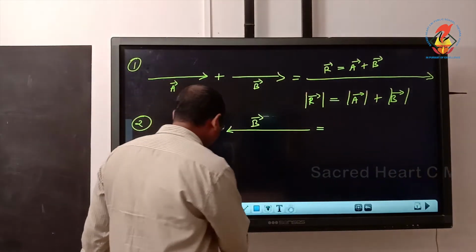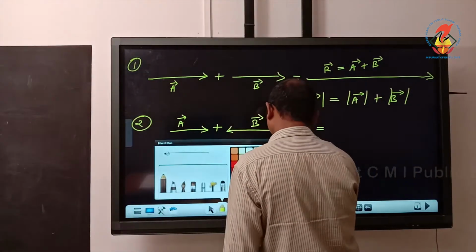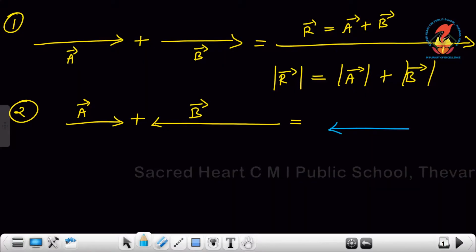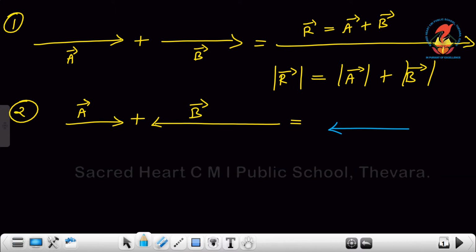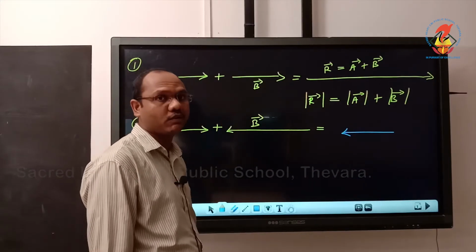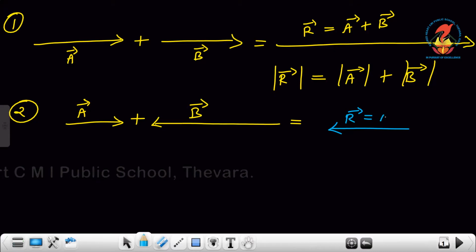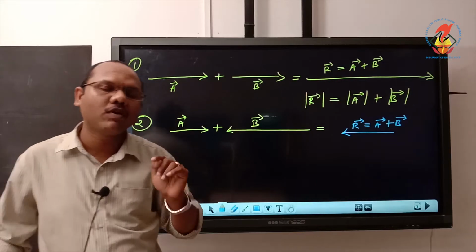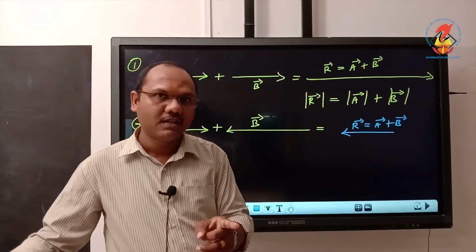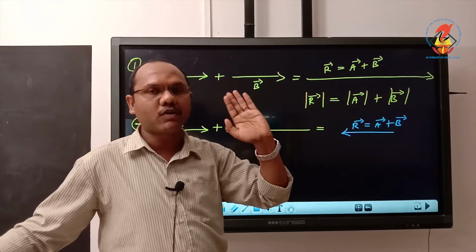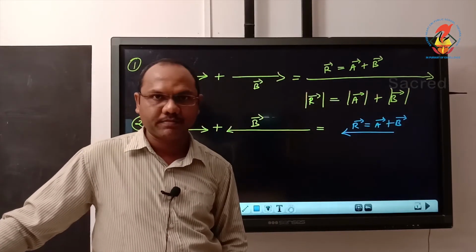So I will draw the answer like this. This length subtracted from this length will give you a smaller length, but it is in the direction of vector B itself. So I will write like this: vector R is equal to vector A plus vector B. Actually what we did was subtract, but we wrote vector A plus vector B, because we are studying vector addition.